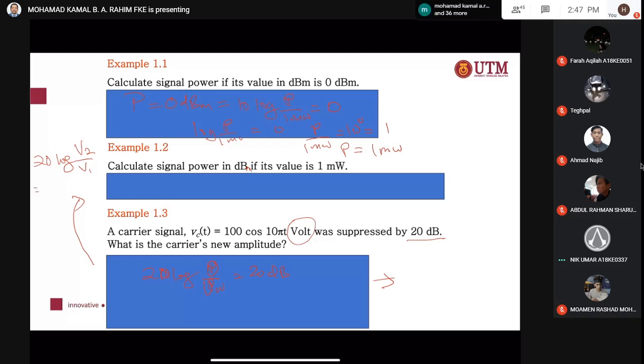So you have 20 log whatever values that you have here. Let's say for example you suppress is 100 over whatever value here, 20 dB. So you can see that suppress means you need to have a lower value. So for example, maybe you can put in terms of minus 20 here.